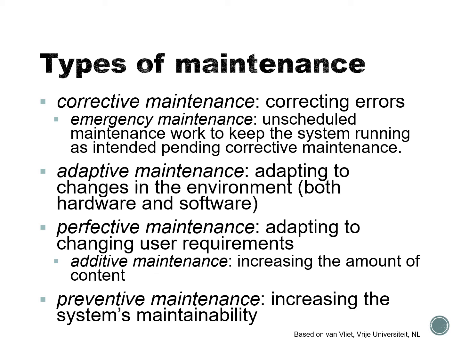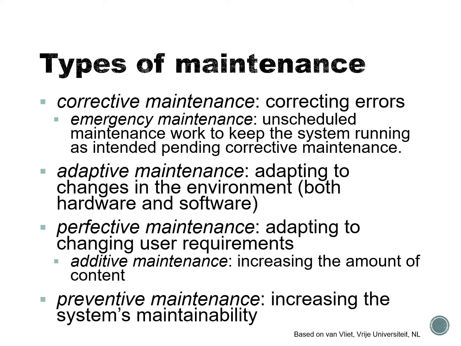Perfective maintenance, on the other hand, is adding new features. There's also a smaller level of that, additive maintenance. Basically, you just add things, add content, add options for the users to do something. They are more or less the same. Additive maintenance is the minor case of perfective maintenance.